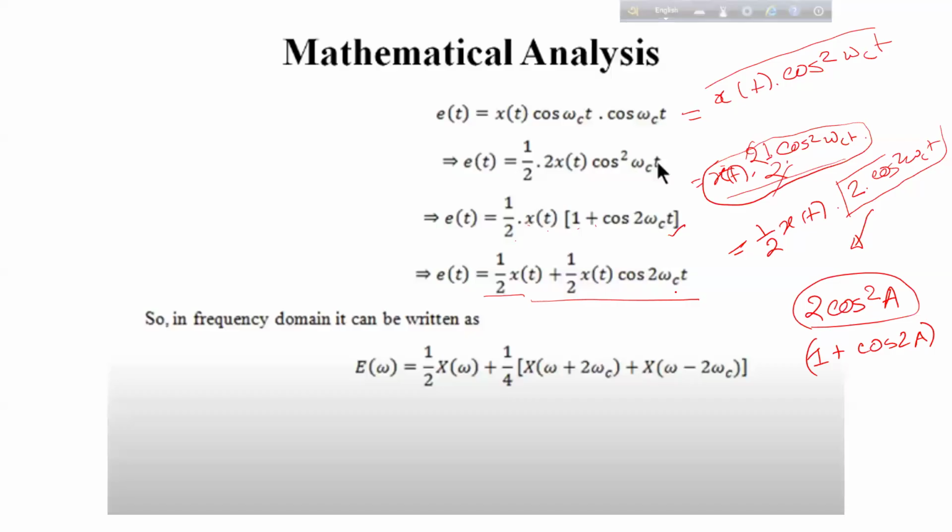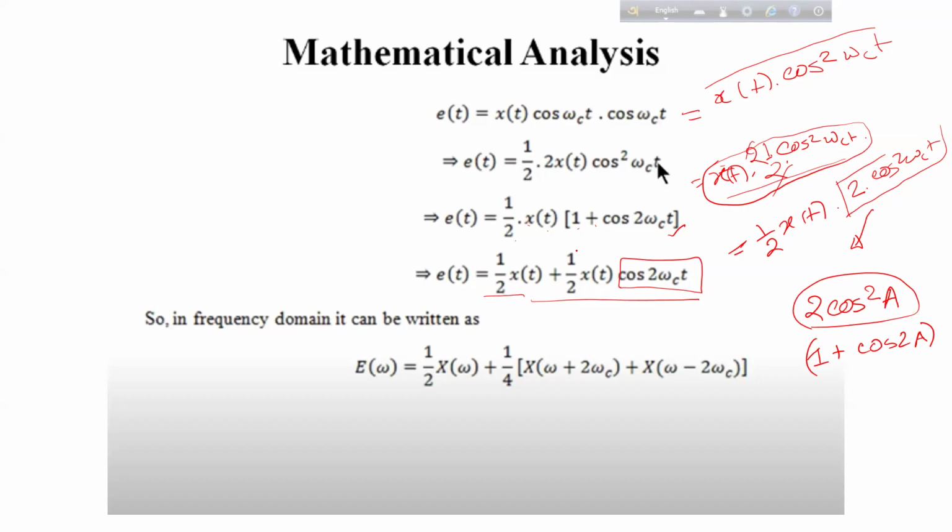Now, if we take this in the frequency domain, then we will get E omega is equal to half x omega plus 1 by 4. Now, we know that cos 2 omega ct can be written like half into x omega plus 2 omega c plus x omega minus 2 omega c.